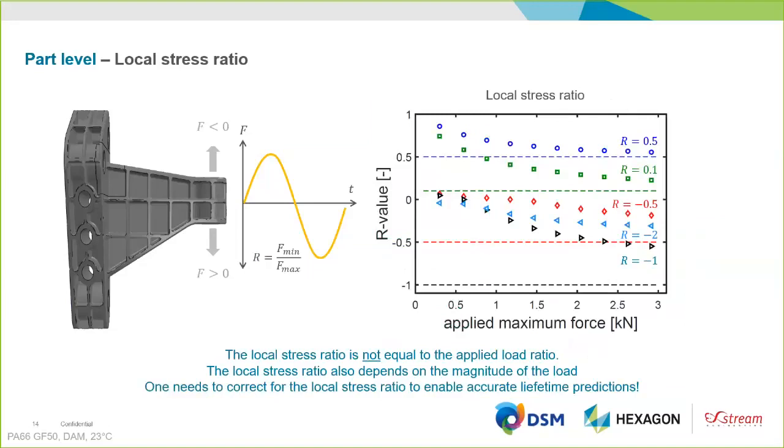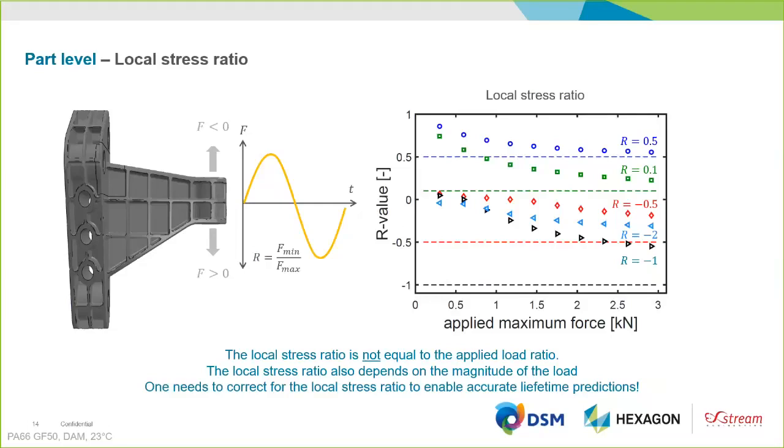I mentioned in the previous one that we applied a load of 1.5 kilonewton. So for the R = -1 case, which are the black triangles, we indeed find this value of -0.4, but we also see that that value is really a function of the load that we apply. So it's not only local, but it's also defined by the actual force level that we apply.